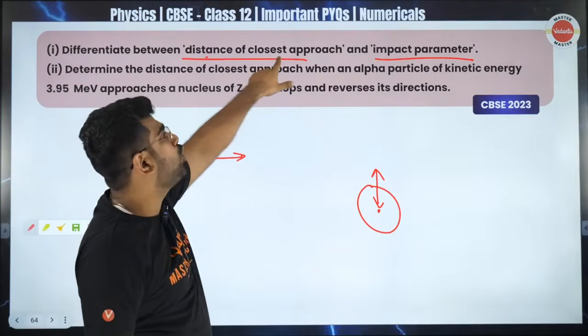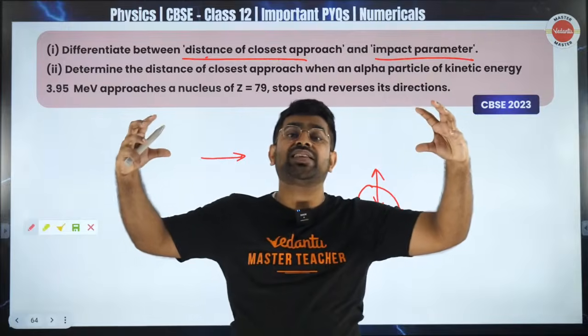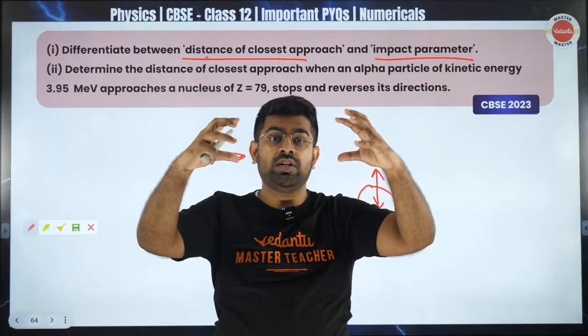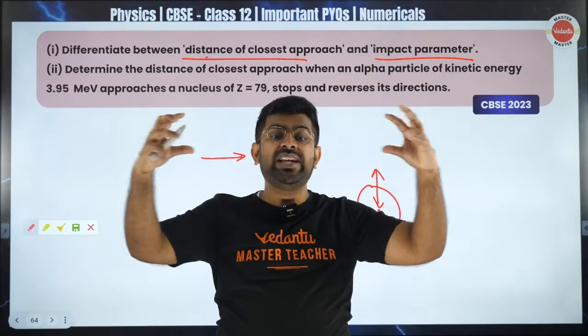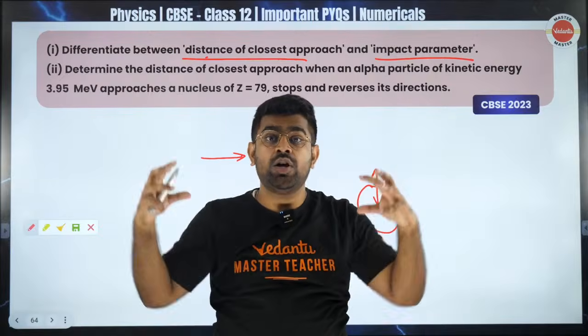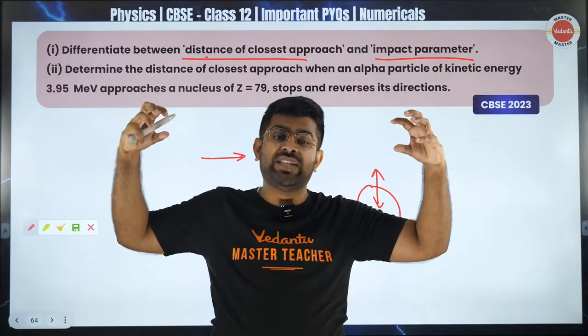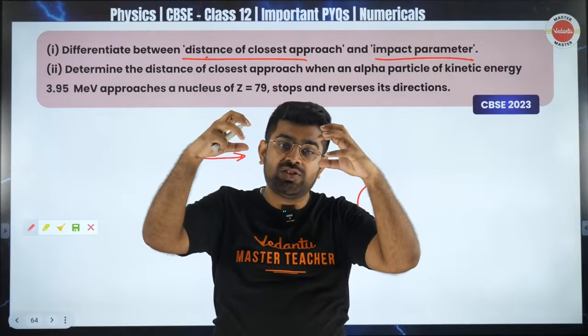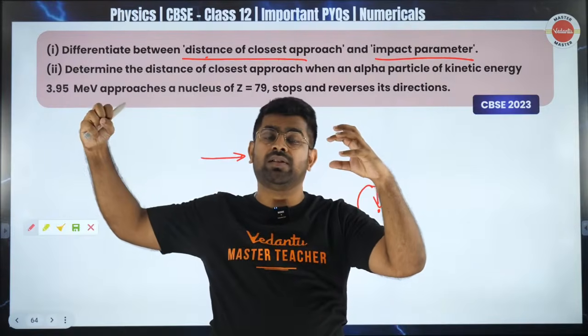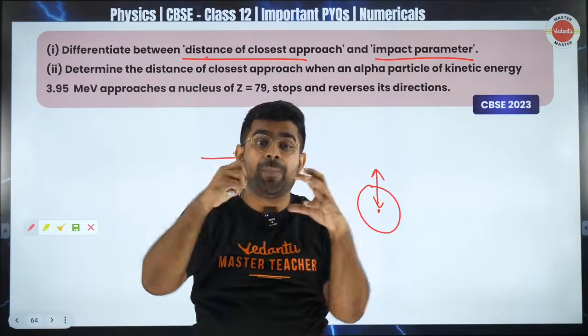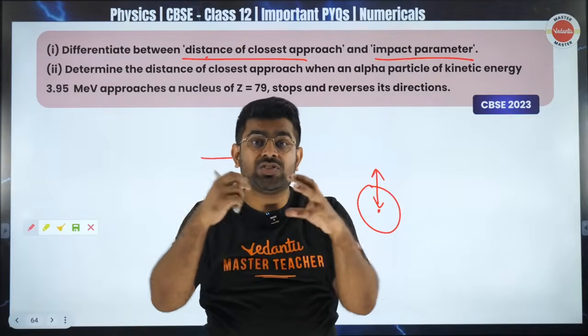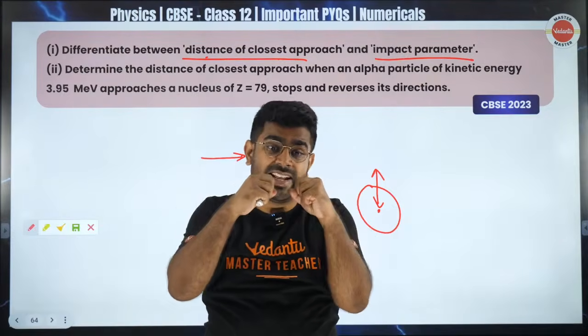Whereas distance of closest approach: two charges, if they are coming together to meet but they are like charges, so after a certain point they will repel. They will come towards each other, they will stop and then they will repel. The moment when they stop, that time the distance is nearest.